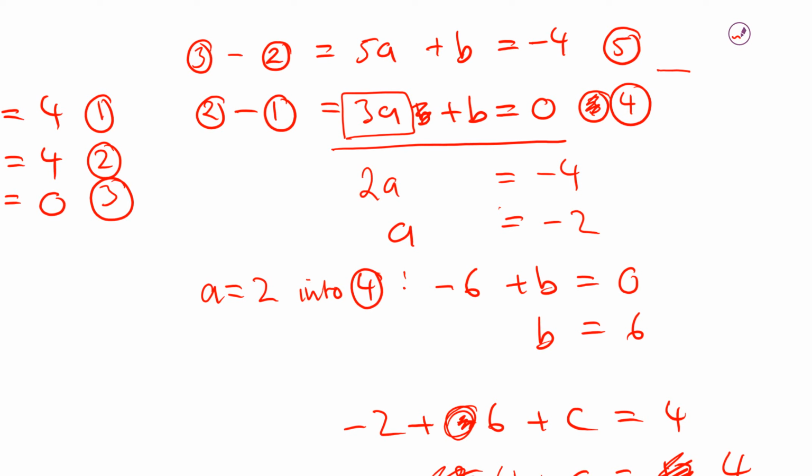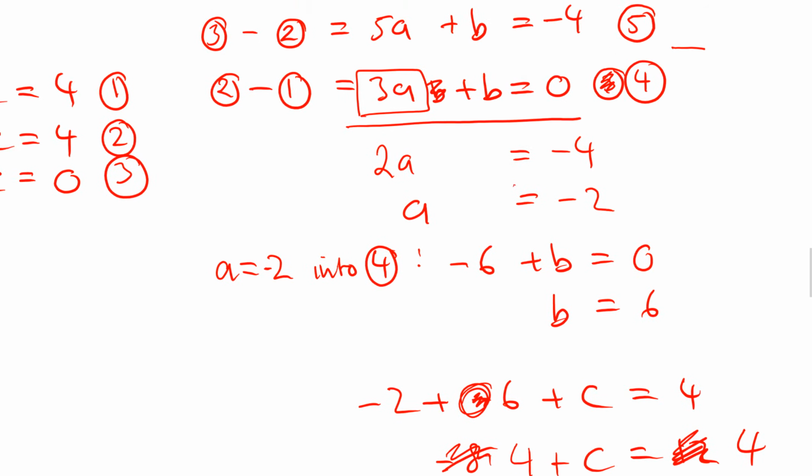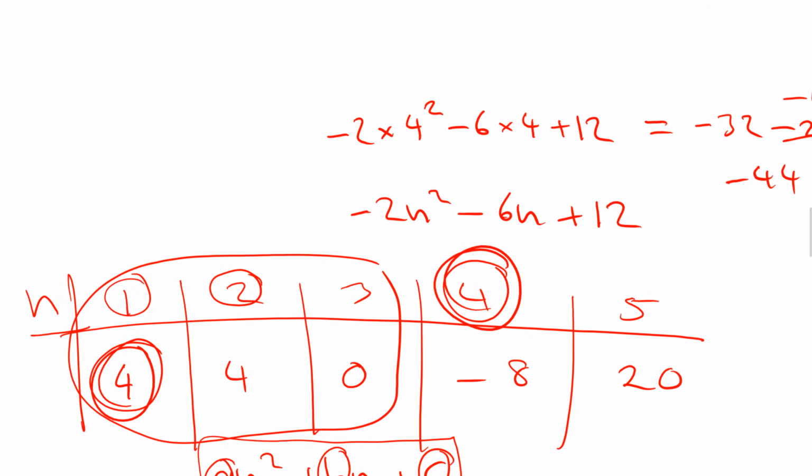Where it says a equals 2 into 4, it's a equals minus 2 into 4. Oh, I see what you mean. Of course. Anyway, being really silly there. Okay, so c is 0, and then back all the way here.